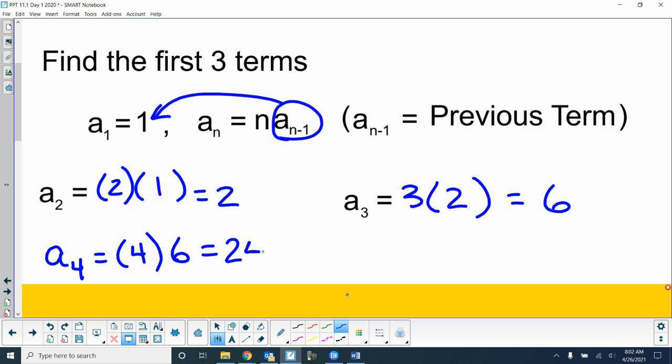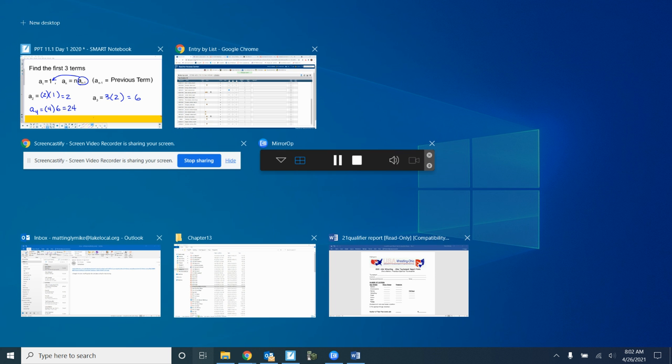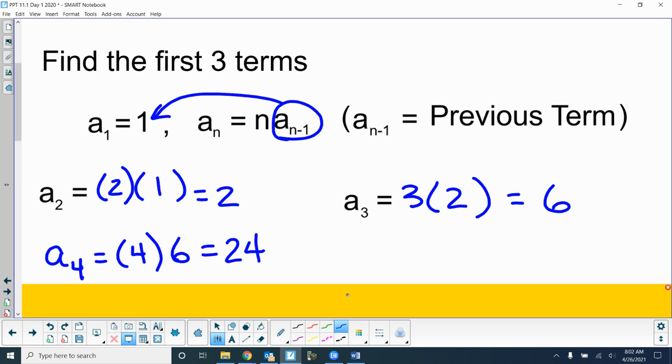So the fourth term would be 24. You follow what this sub n minus 1 is telling you? You're using the number you just got to help you find the next one. Okay, that's a sub n minus 1.